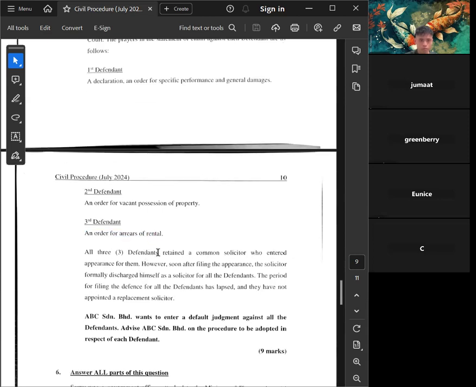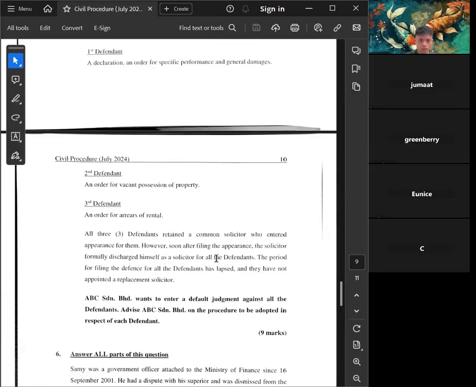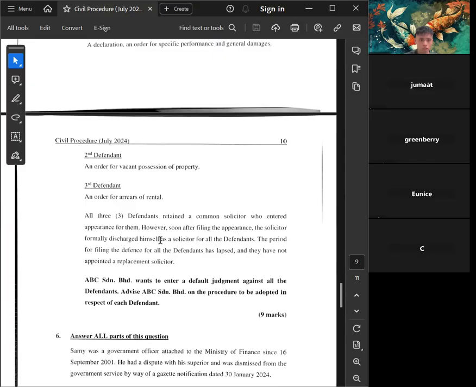Now, all 3 defendants retained a solicitor who entered appearance for them. However, soon after filing the appearance, the solicitor formally discharged himself as solicitor for all defendants. The period for filing the defence has lapsed and they have not appointed a replacement solicitor. Now ABC wants to enter a default judgment against all the defendants. Advise ABC on the procedure to be adopted in respect of each defendant.